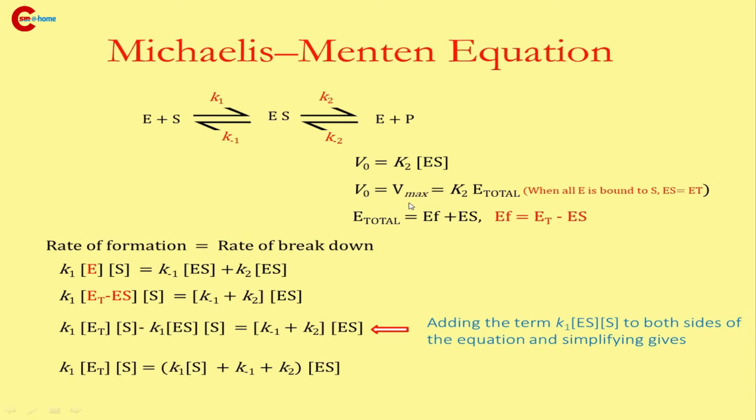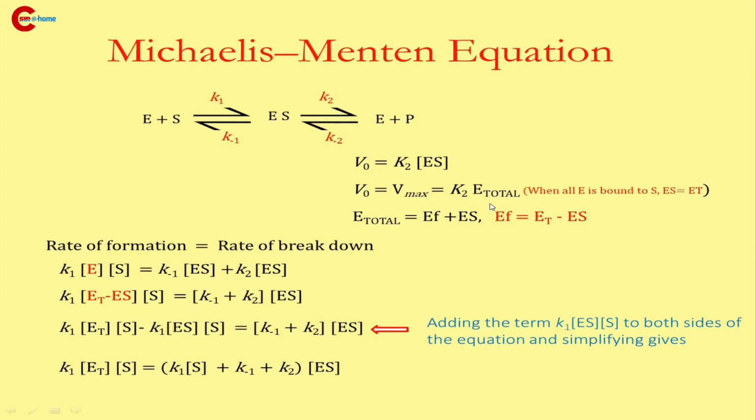When V0 becomes Vmax, when all the enzyme present in the reaction is bound to its substrate, that is when ES equals ET, V0 becomes Vmax. We can write Vmax is equal to K2 into ET.